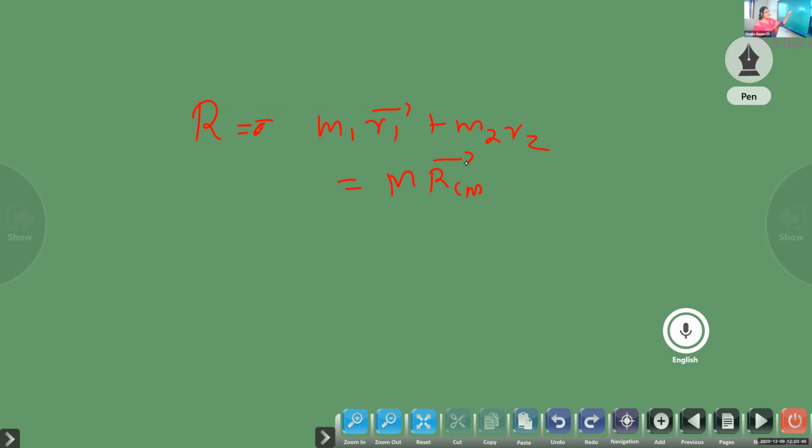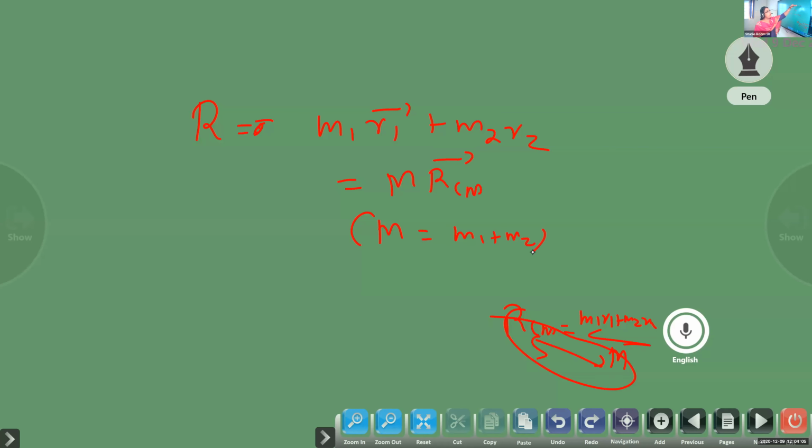You understood why M R_CM? Because according to our equation, R_CM is equal to M1 R1 plus M2 R2 divided by capital M. Just cross multiply. When you cross multiply, what is remaining? You are getting only this part. That's why I have written again M R_CM, where M is equal to M1 plus M2.